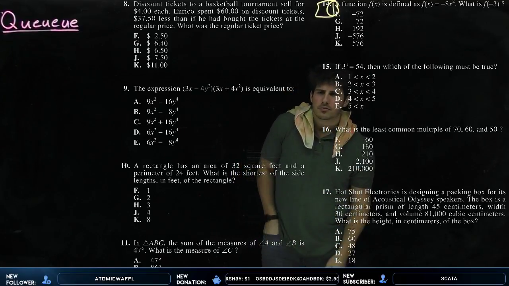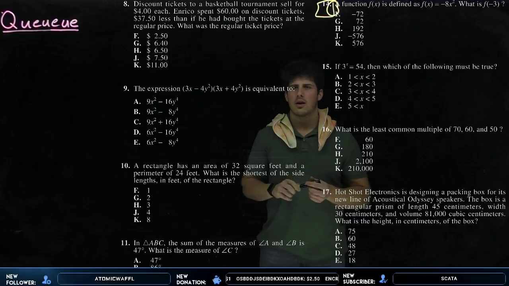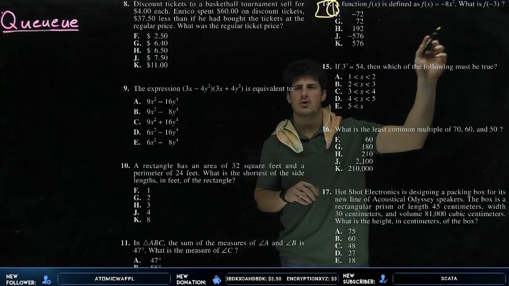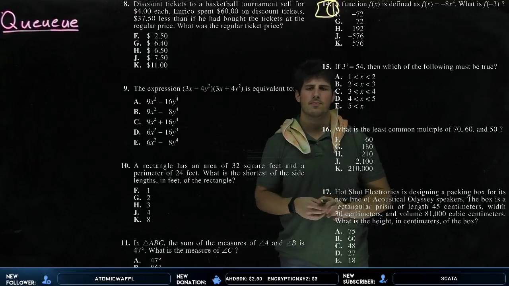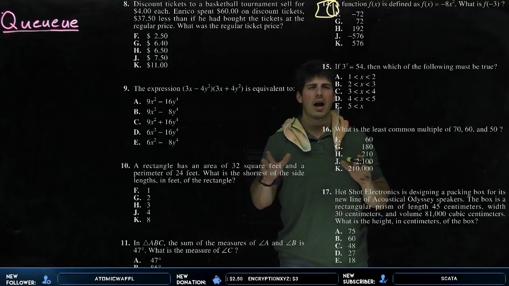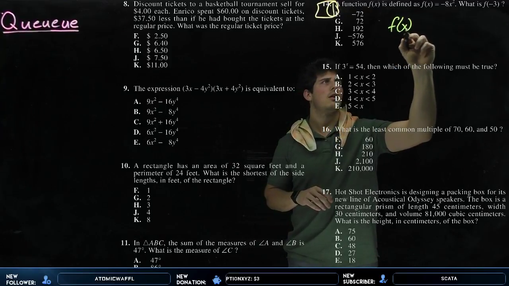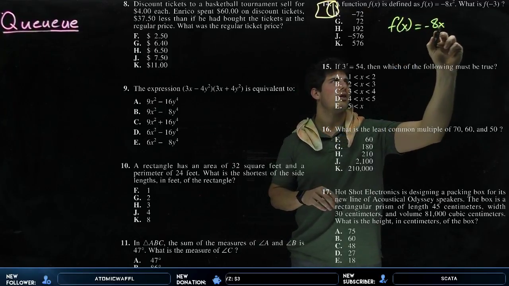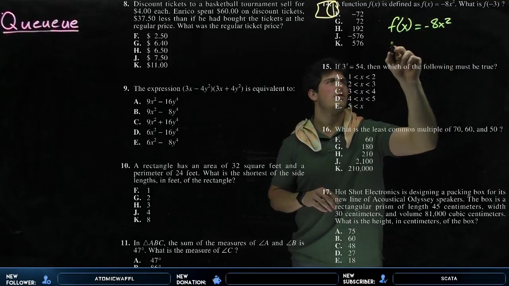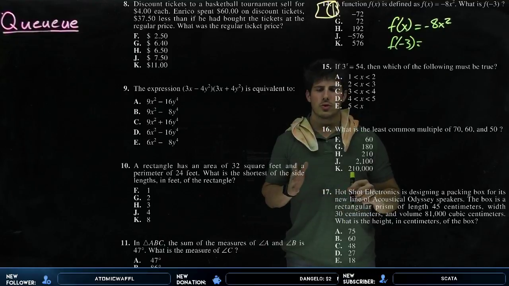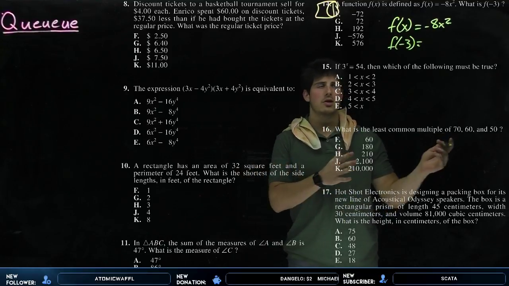Let's see. We have f of x equals negative 8x squared, and we want f of negative 3. We just went over how we would do this, so I'll go ahead and rewrite it. I have f of x equals negative 8x squared, and I want to solve for f of negative 3. Now, what I'm going to do is simply plug in that negative 3 to where x was.